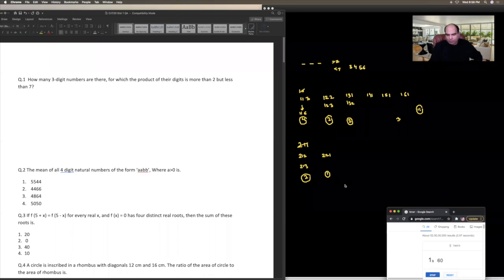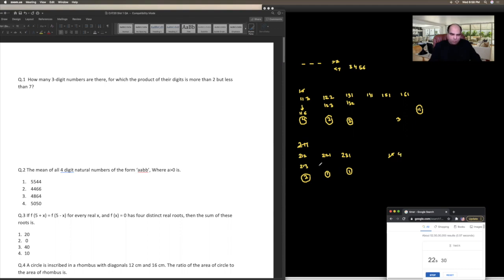Let's assume I'm maybe 2.5 minutes into the paper. So 221, 230, 231. That's 1 more number. That's 4 more, so that makes it 15.